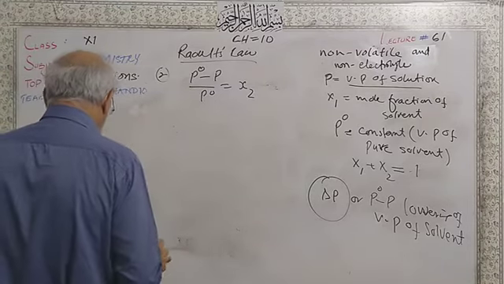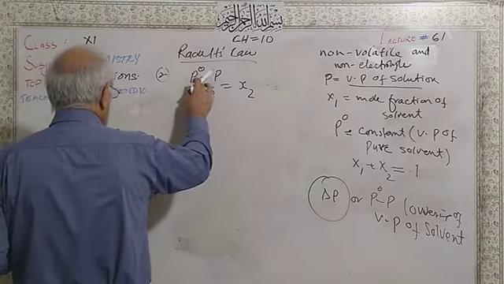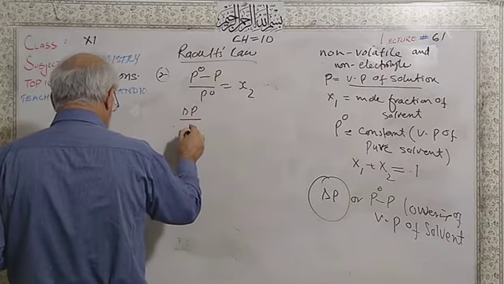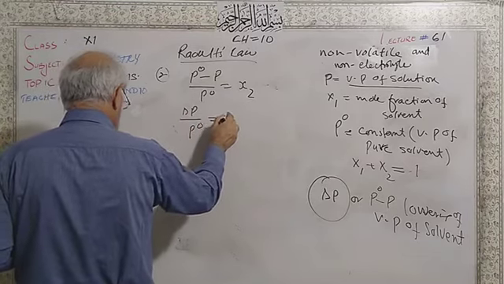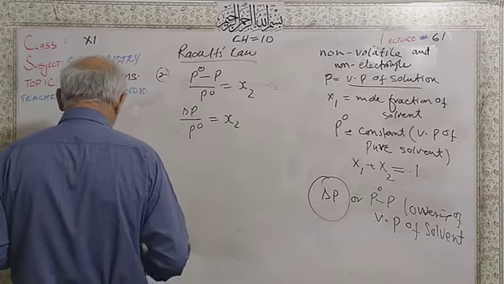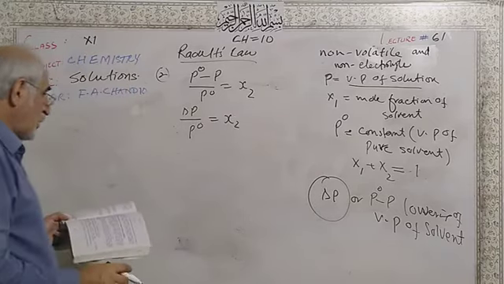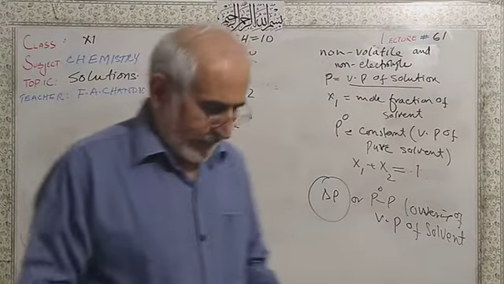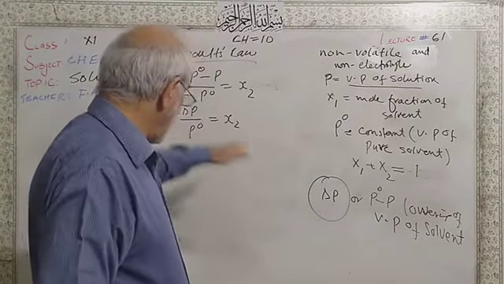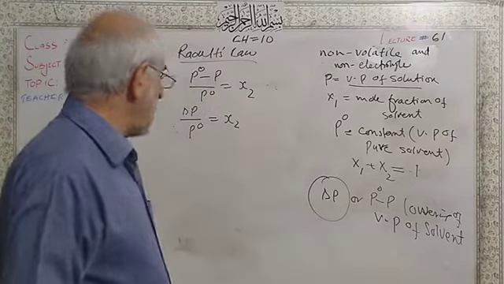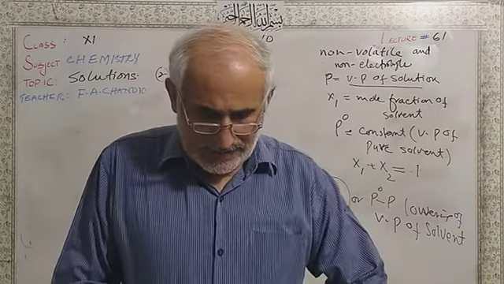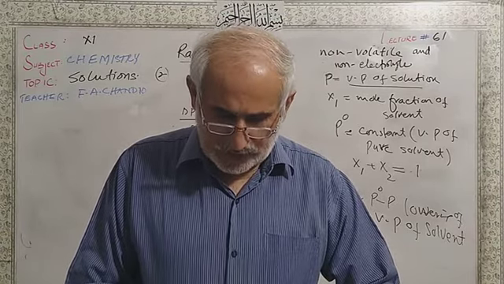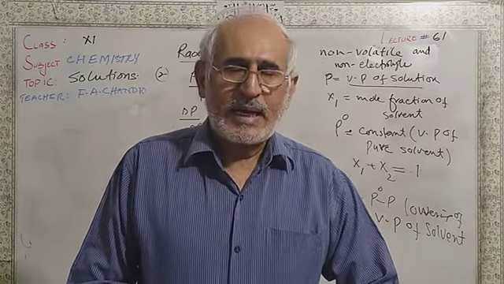So we get this equation: (P naught minus P), or delta P, divided by P naught is equal to x2. So dear students, there is another also. This delta P over P naught, or (P naught minus P) over P naught, is a relative lowering in vapor pressure of the solvent.